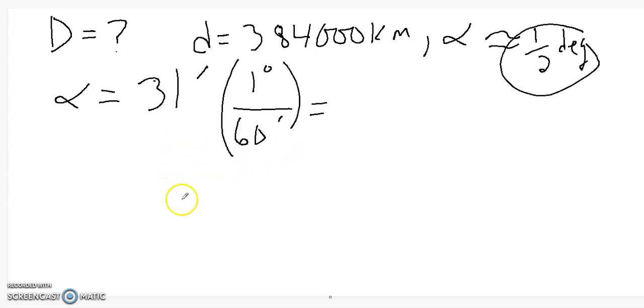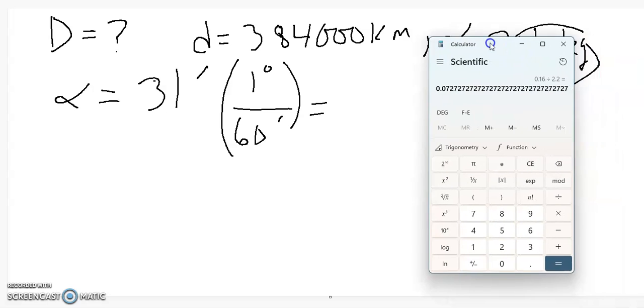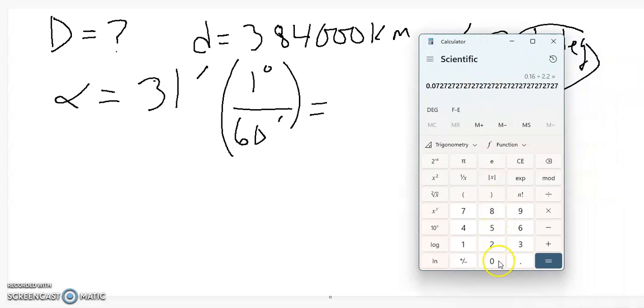All right, so it's almost a half. Here, let me get my calculator so you guys can see that. All right, hopefully you can see that now. So 31 divided by 60. So it's a little more. I'm going to round it to 3 places past the decimal.